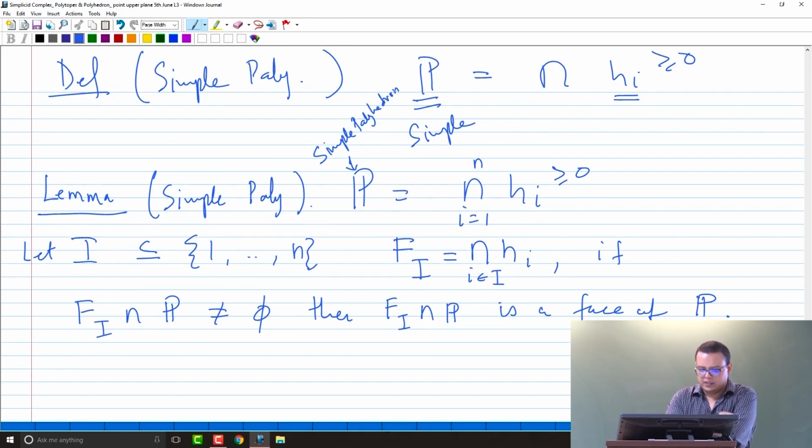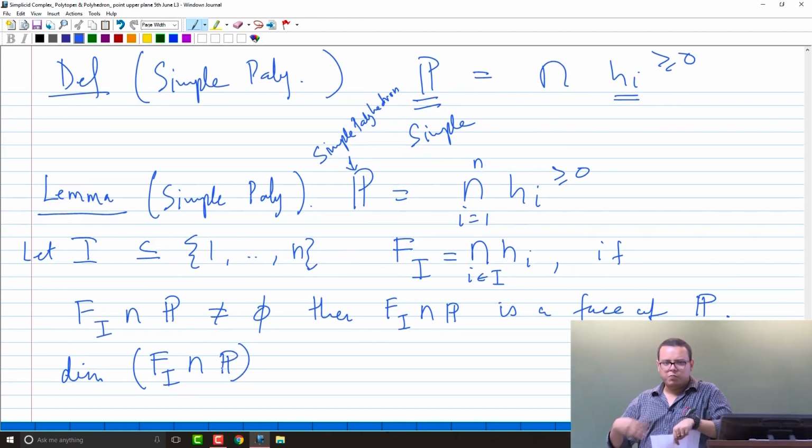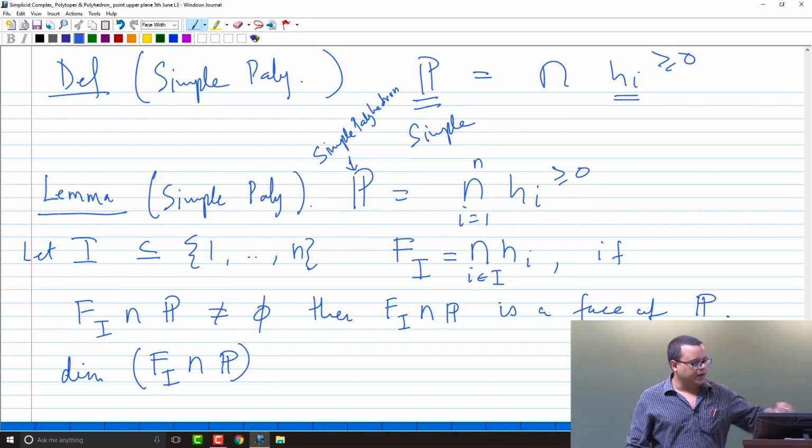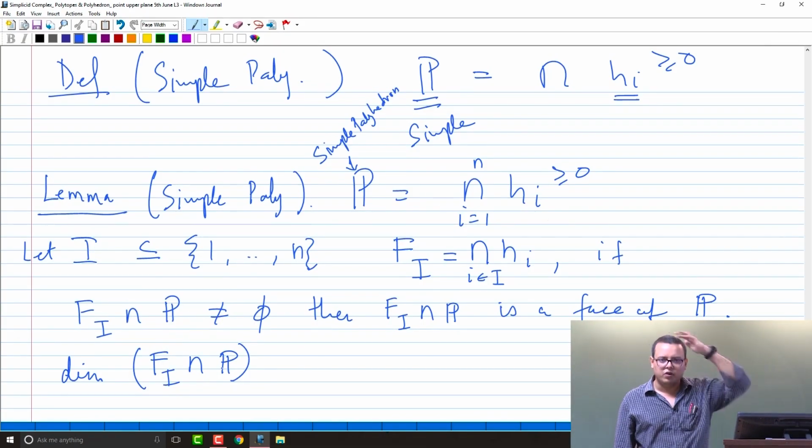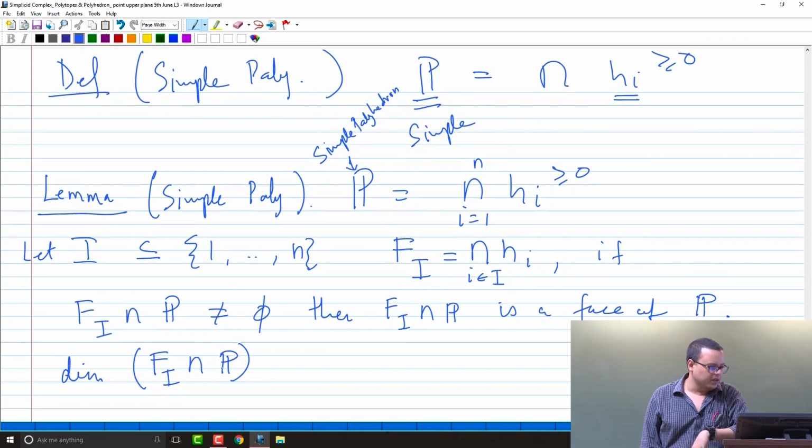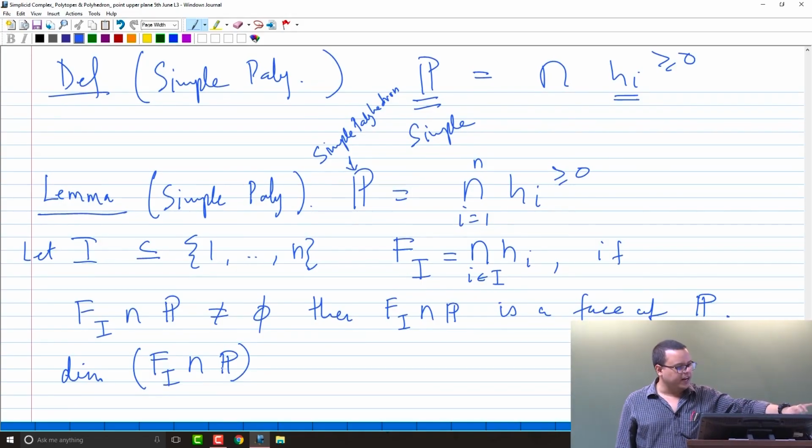So P is a simple polyhedron. And the second thing is, what will be the dimension of this object? Let us say P is a simple polyhedron. We get it by intersecting these half spaces hi greater than or equal to 0, where Hi is the corresponding hyperplane and hi greater than or equal to 0 is the plus side. Any polyhedron you can write like this; you orient the planes properly and you will get it. Now you select an index subset I from 1 to n.